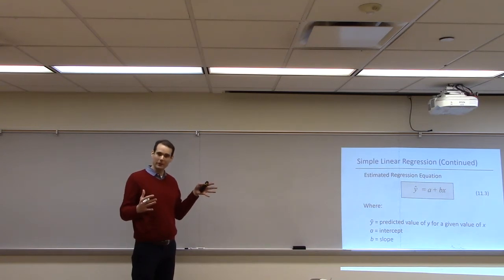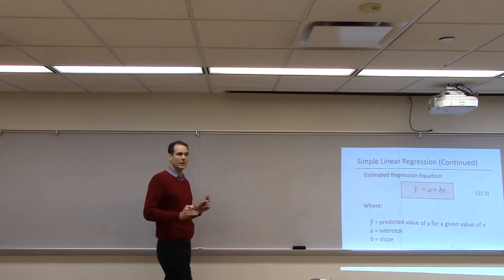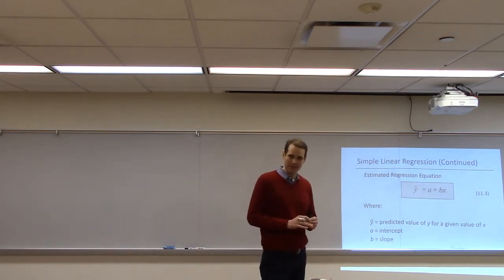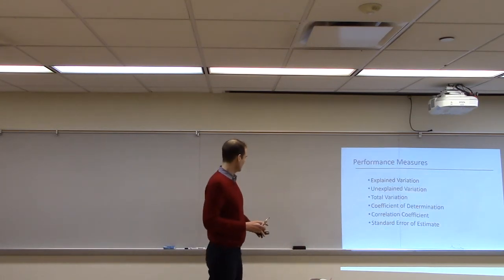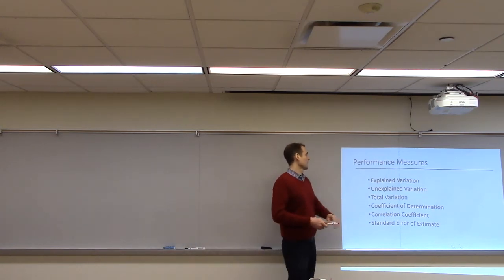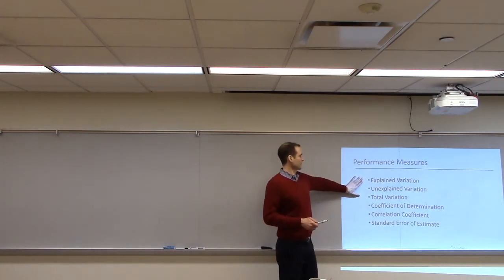If they're really far away, we don't like the model as much. If they're really close, we're like, yeah, we really have something that explains things. The way we quantify performance measures is by looking at the amount of variation we're able to explain versus the amount of variation we're not able to explain, in relationship to the total variation we see.